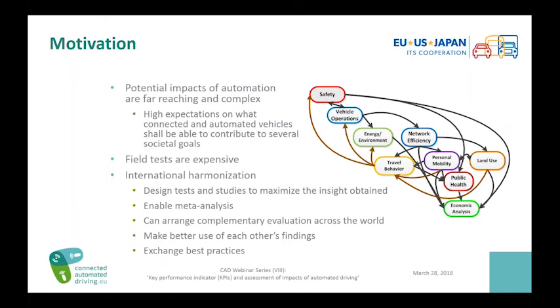There are also very high expectations on what connected and automated vehicles can contribute to the societal goals. One reason, of course, is that field tests are expensive, and therefore it's important that they are designed so that we can maximize the insight obtained.